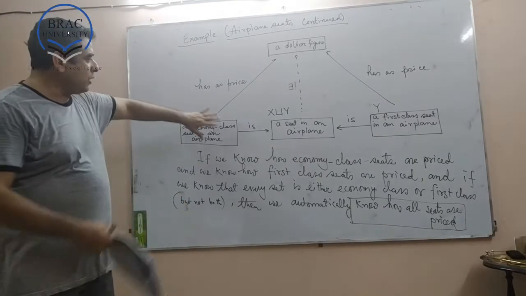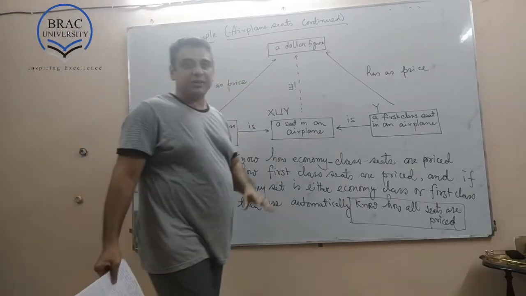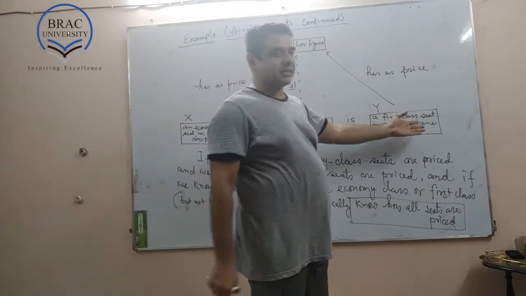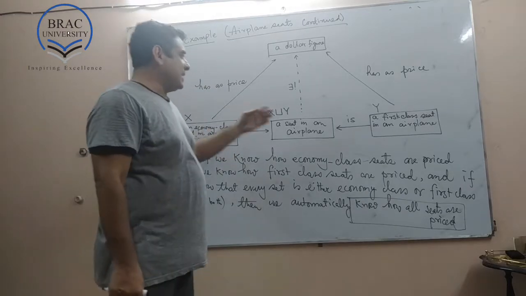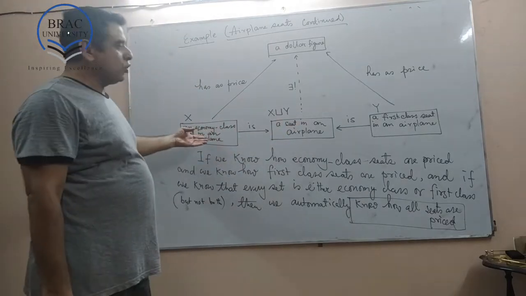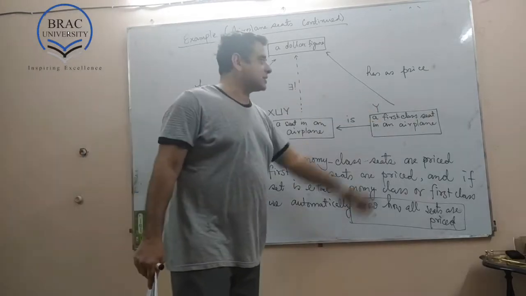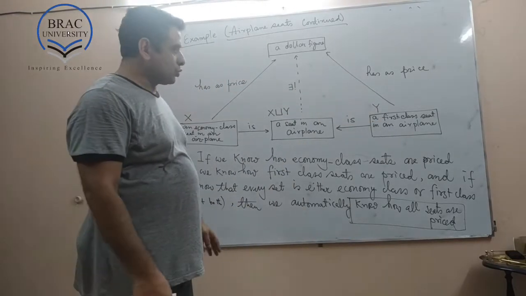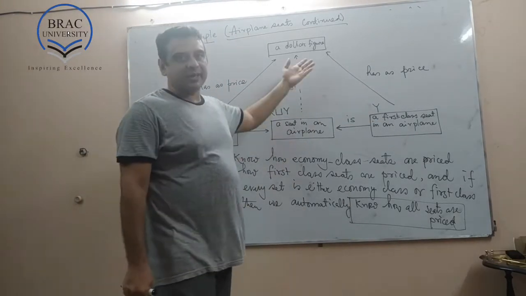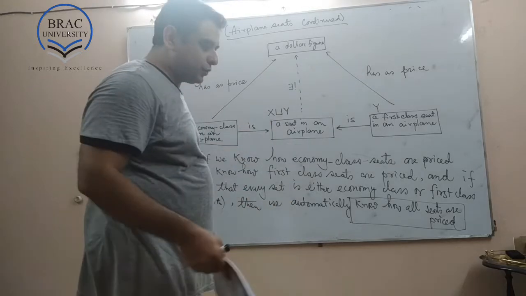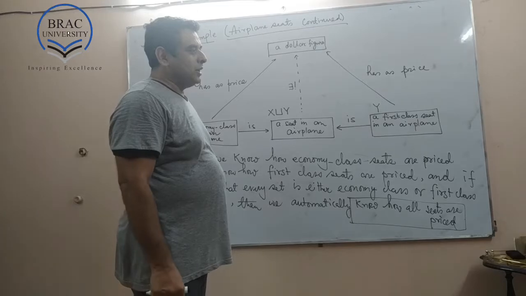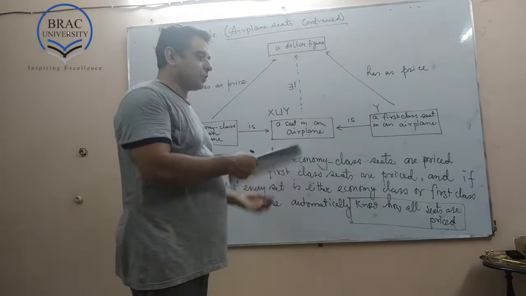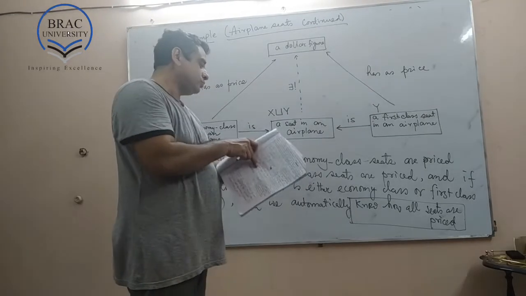So if we know how economy class seats are priced, and if we know how first class seats are priced, and if we know that any seat is either an economy class seat or a first class seat, then we of course know how any seat is priced. This is an obvious fact, and it comes from the universal property of coproduct.